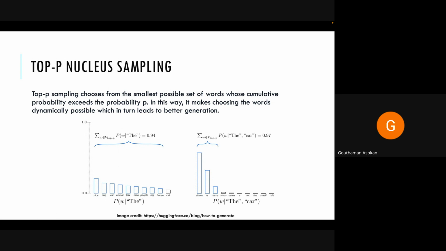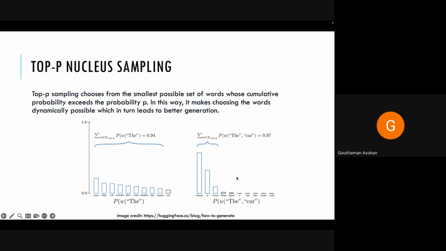Here the threshold that is being given is 0.92. So tokens are taken until their cumulative probability reaches 0.92. Here we see "I", "car", "woman", "guy". Anything in blue is within the 0.92 threshold, except "cat". So we take all of these tokens and do a sampling with them.